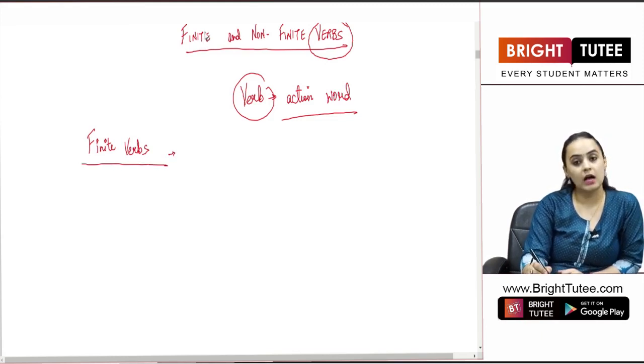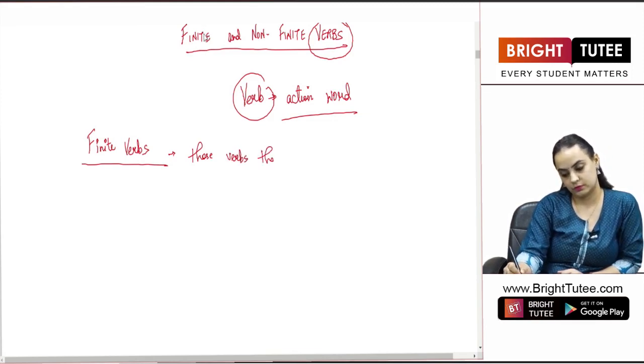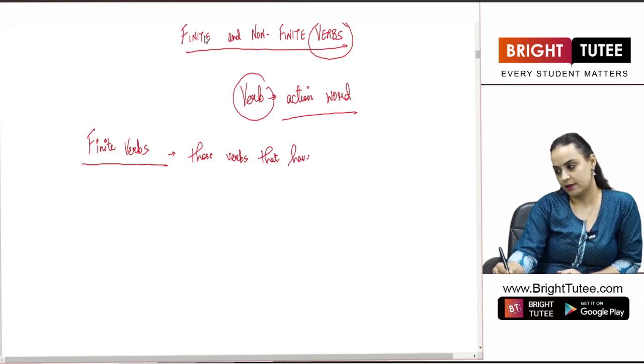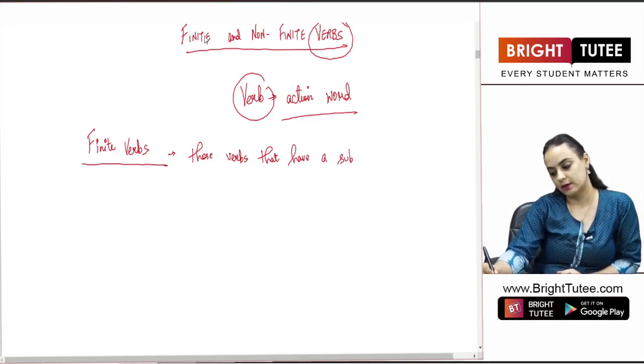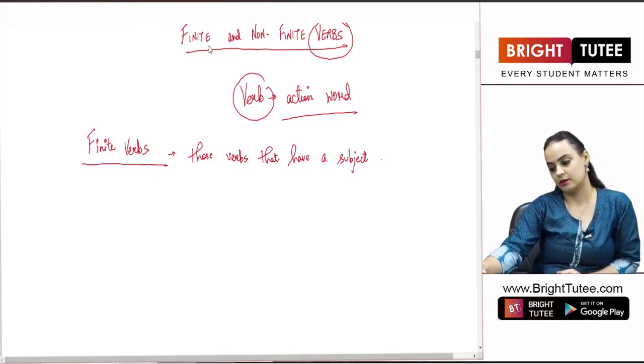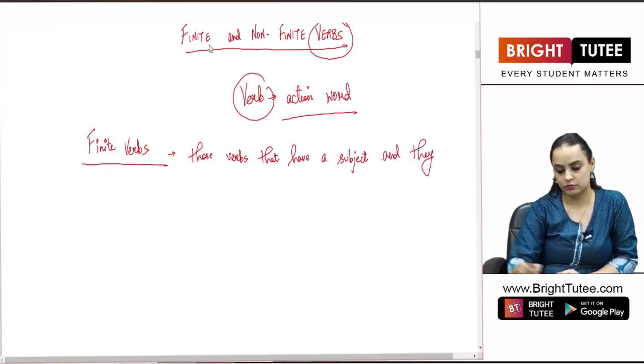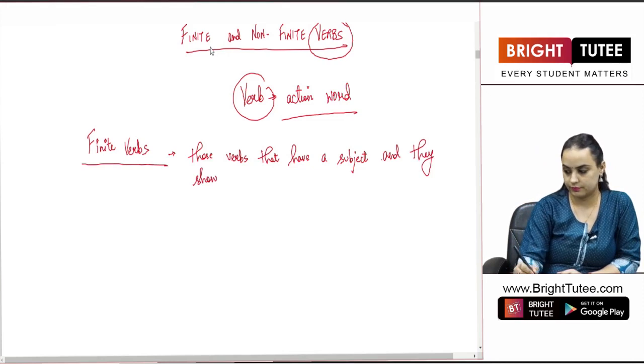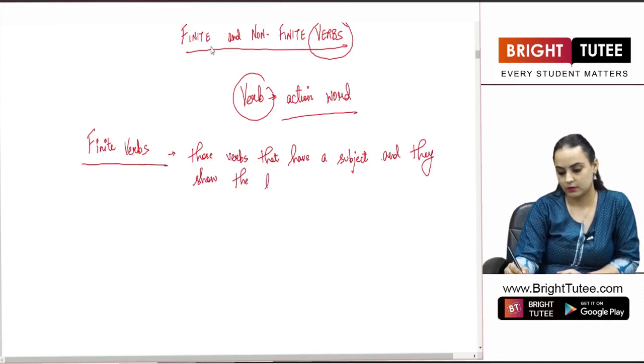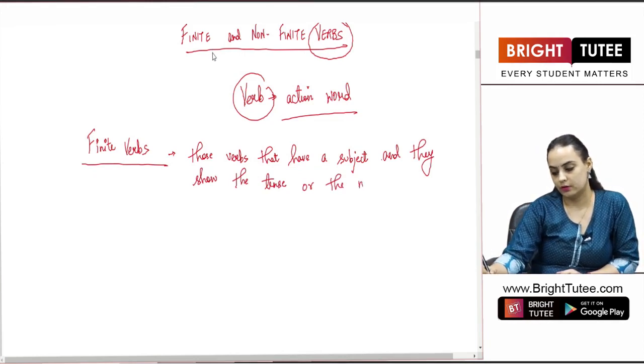Finite verbs are those verbs that have a subject and they show the tense or the number.